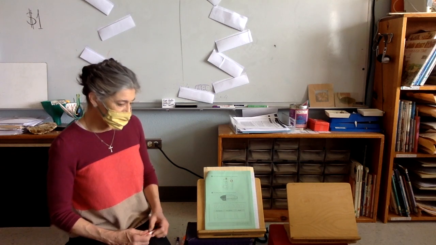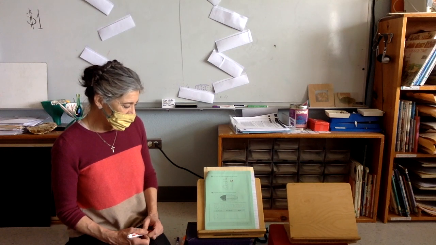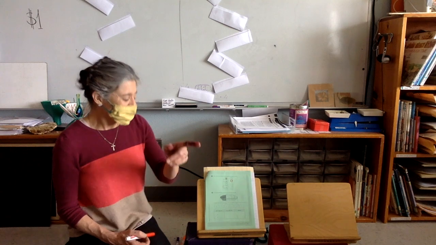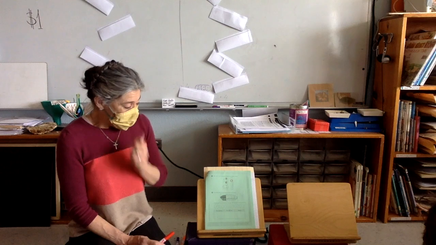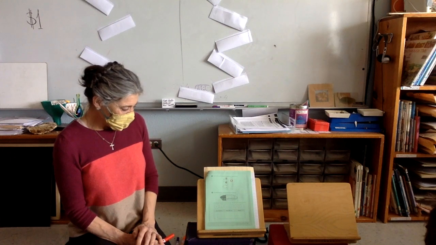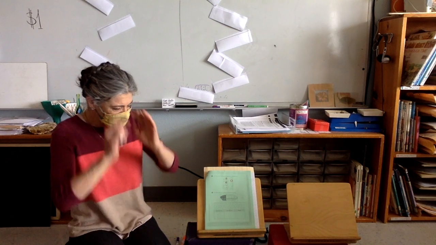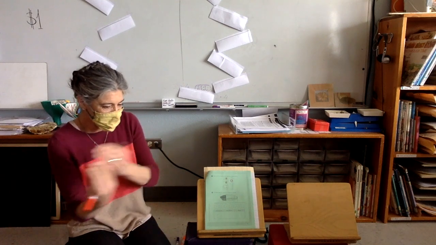B. 2/3 equals 4 something. 6. Yep. Griffin got it. 3/6 equals something. Half. Picture a pizza divided into 6, and there's 3 of them gone.